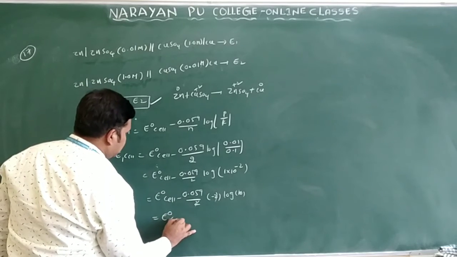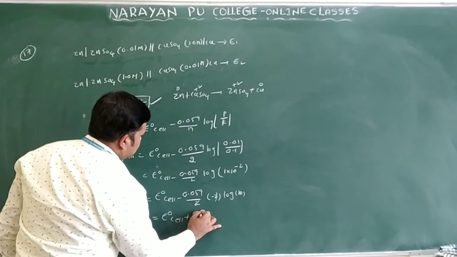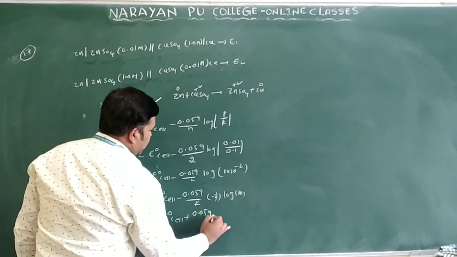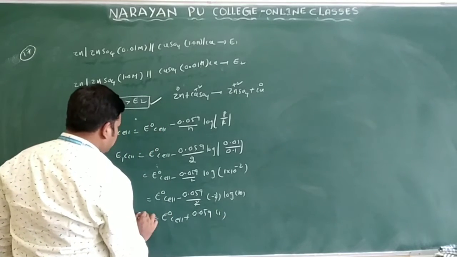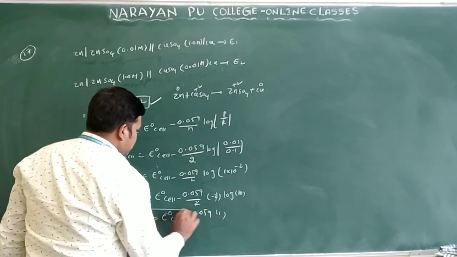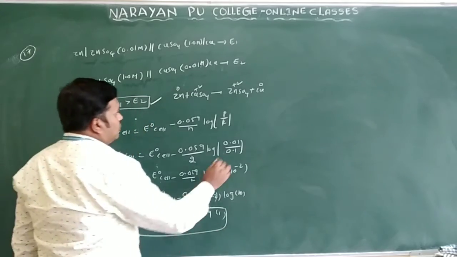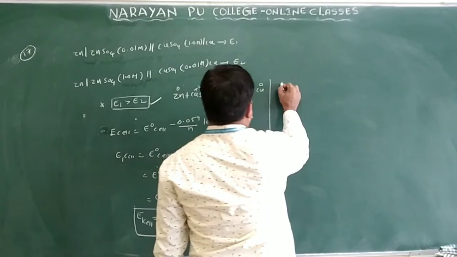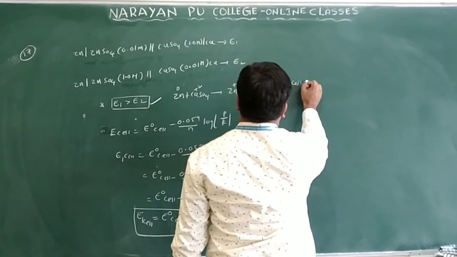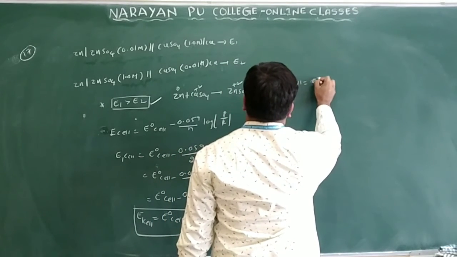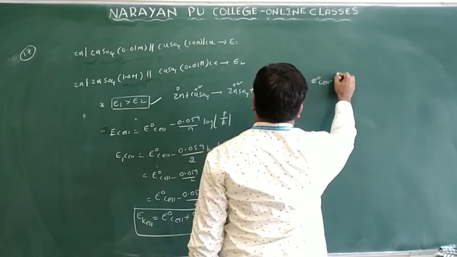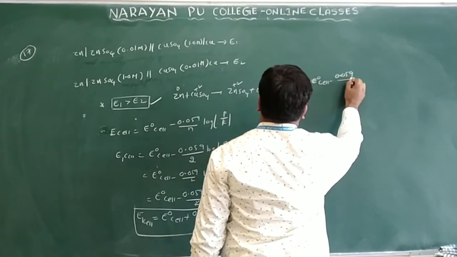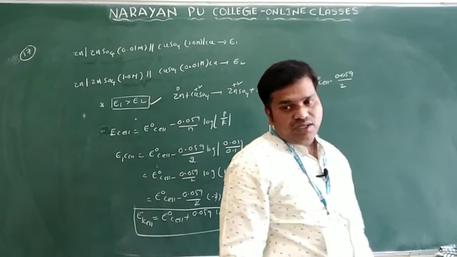So you will get E naught cell plus 0.059, log 10 value is 1. So this is E1 cell. And one more, they are asking E2 cell. How will you write E2 cell? I will write E2 cell is equal to E naught cell minus 0.059 by 2, I am writing directly.